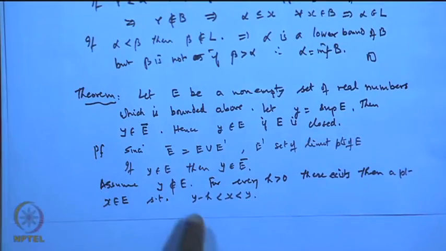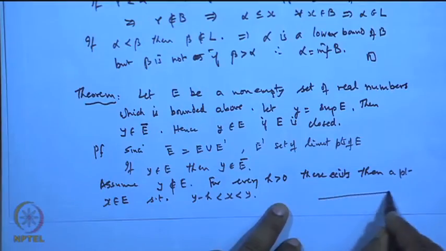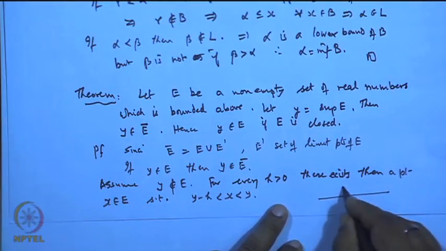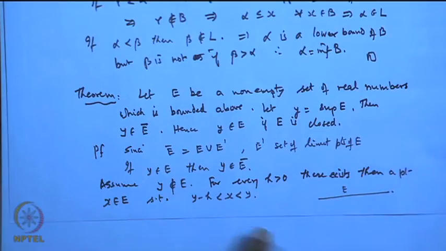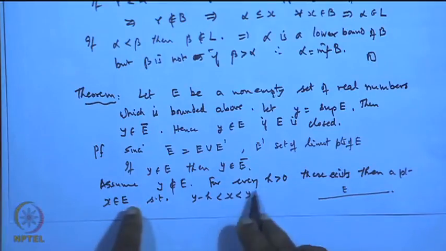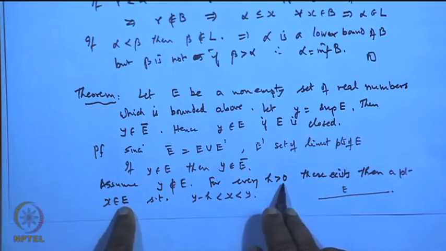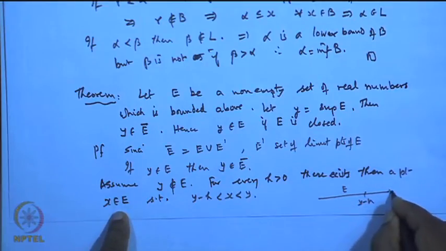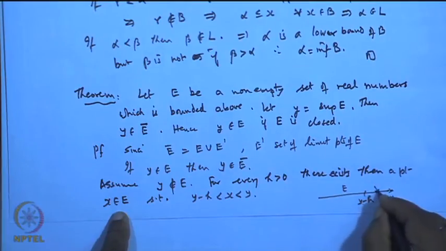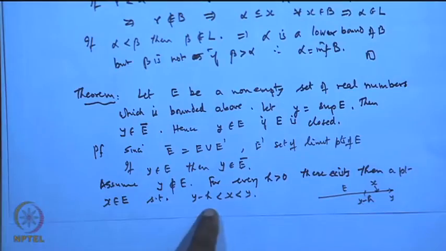Why? Here this is our set E, and the point y is not in E; it is outside of it. Then for each h greater than 0, we can find at least some point x of E which lies in the interval between y minus h and y. This point x will always be available.